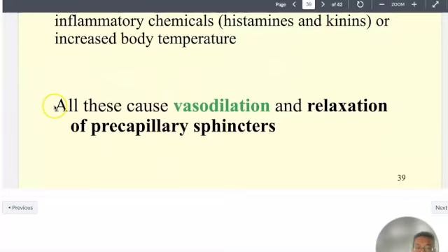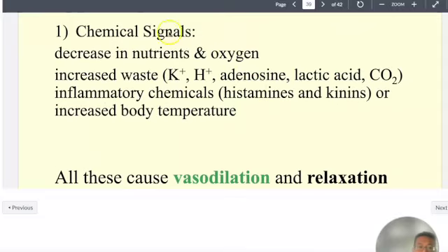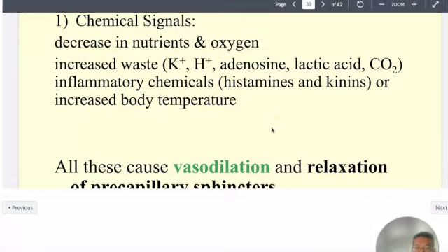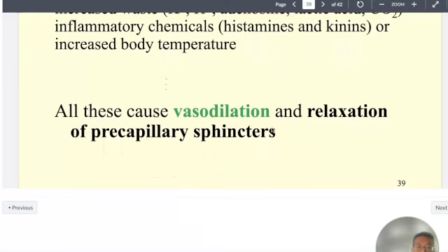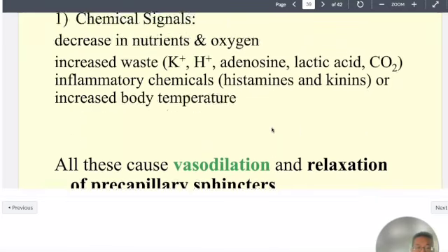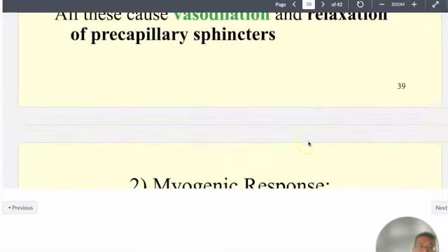All these will cause vasodilation. It will relax the precapillary sphincter. We saw where those are. Blood goes where the body needs it, to increase oxygen and to pump all these inflammatory products out to the veins, to the kidneys, or wherever they need to go. So that would be a local response.